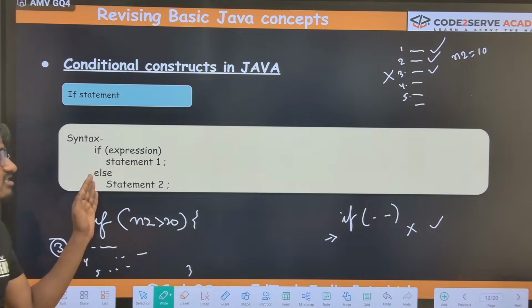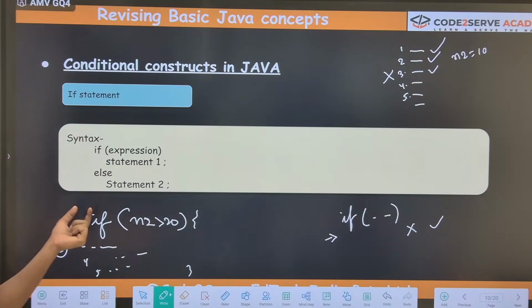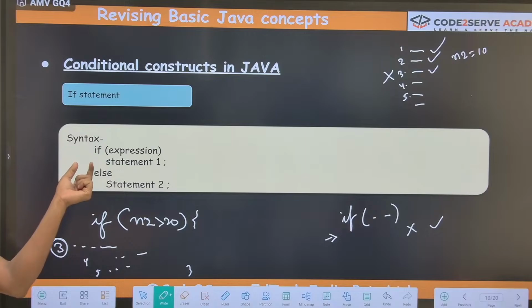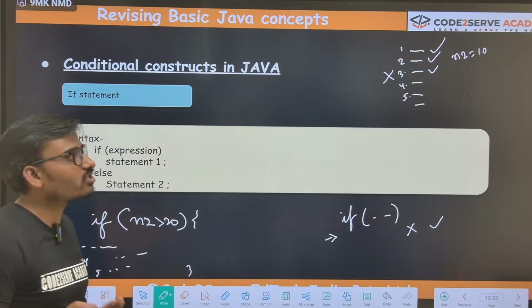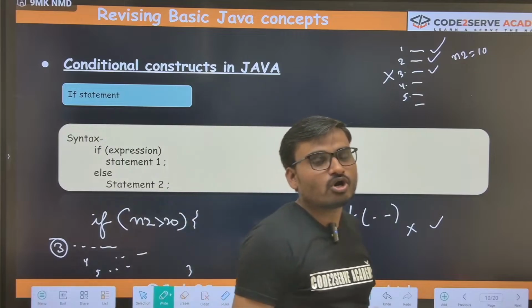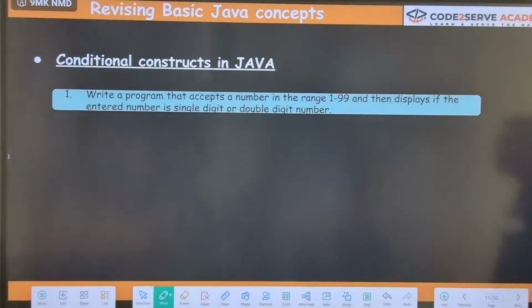For else, it is always mandatory to write if. So else can only come if there is an if statement above that. So if there is only an if statement, it is not mandatory that you write else also. It is up to you based on the scenario, based on the question, or based on what you are trying to achieve. All right, now let's move forward.